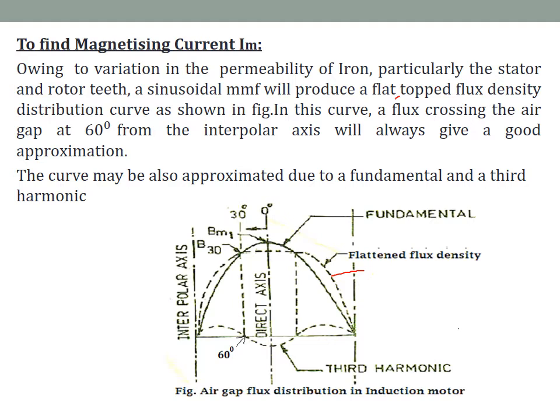This is a flat topped flux density curve, that is, a flattened flux density. In this curve, the flux crossing the air gap at 60 degrees from the interpolar axis will always give a good approximation. This is the interpolar axis, and from here to here it is 60 degrees.